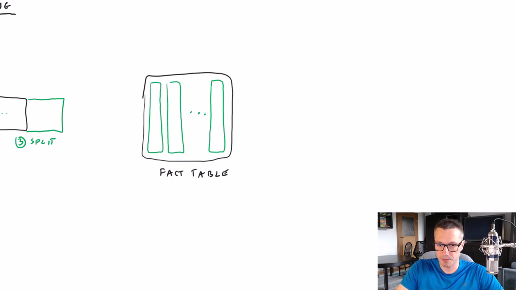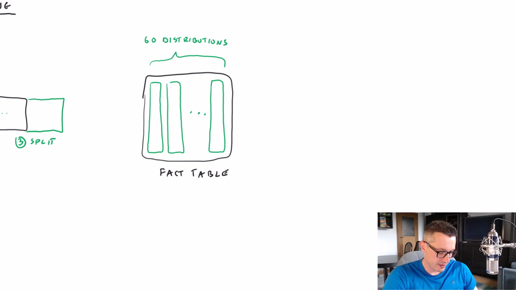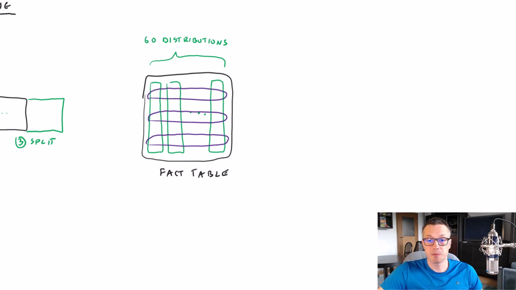So those green bars are our 60 distributions. Now, apart from those distributions, we can partition our data, and it is done independently from distributions. So let's say that those purple things are our partitions.